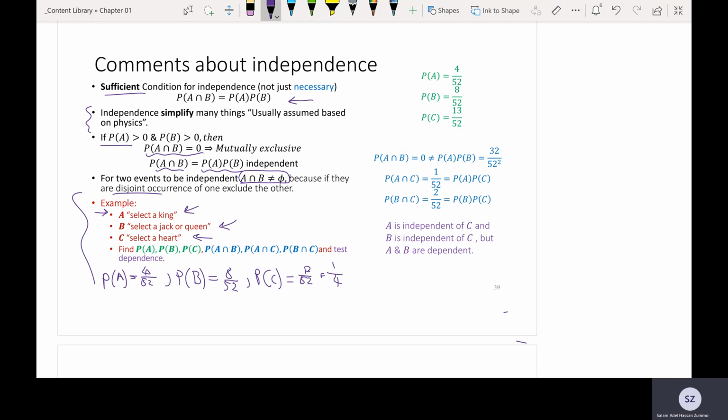Now, what is the probability of A intersect B? We would select the king and a jack or queen at the same time. So, what is the probability of A intersect B? It is clearly 0. What about A intersect C?